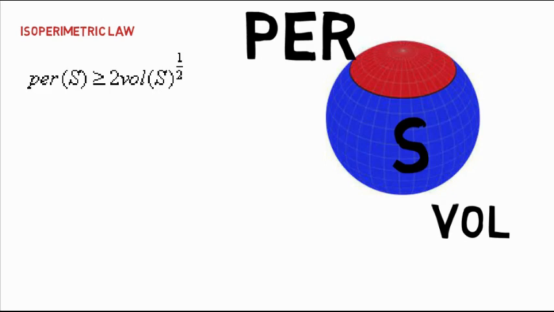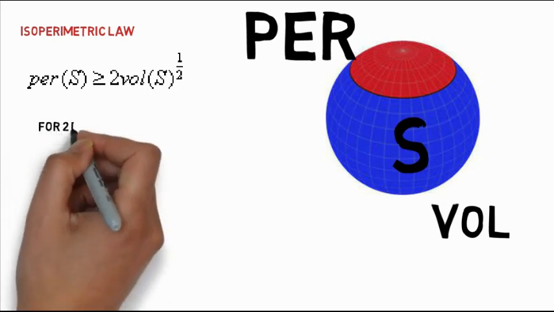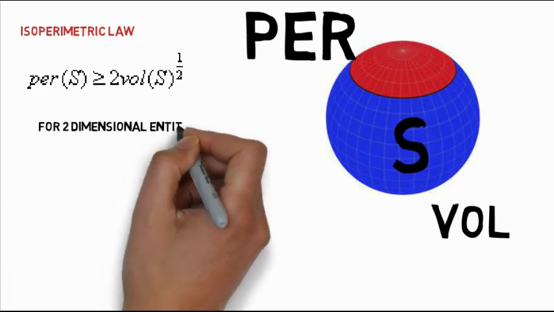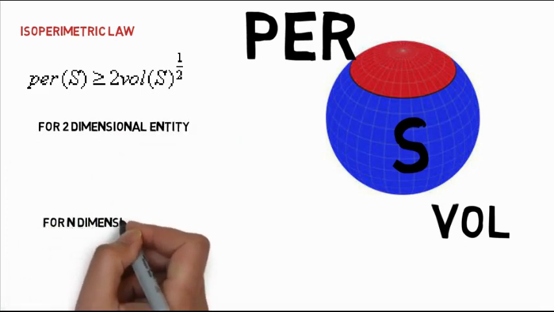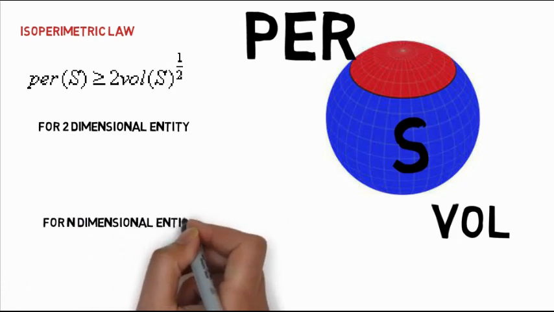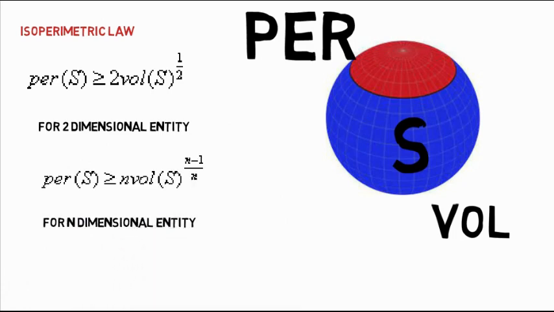This was derived as the best result in the case of a two-dimensional entity, and for the n-dimensional entity later mathematicians arrived at a function which is: perimeter of S is greater than or equal to n into volume of S power n minus 1 by n.